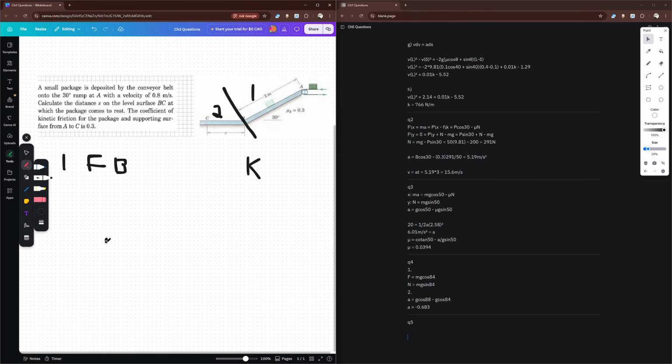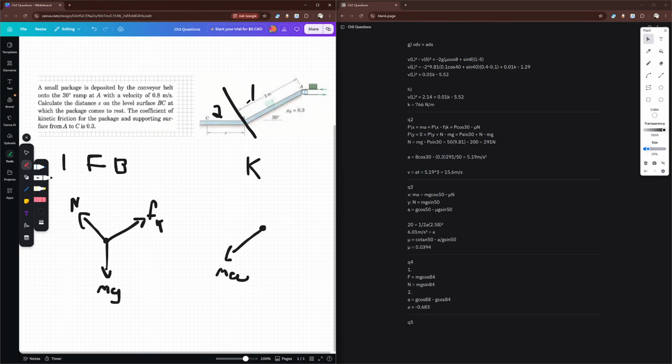So we have our box, and it is sliding down here, right? A distance of 2 meters. It has a friction, Fk. It has an mg. It has a normal force. And then the kinetic diagram is ma in this direction.